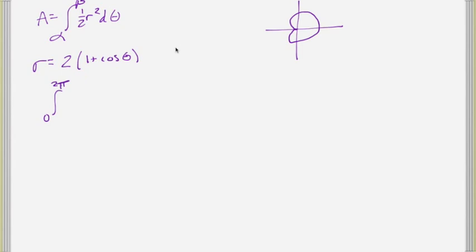Alright. So then we go 1/2 of r, which is our curve, to 1 plus cosine theta squared d theta.